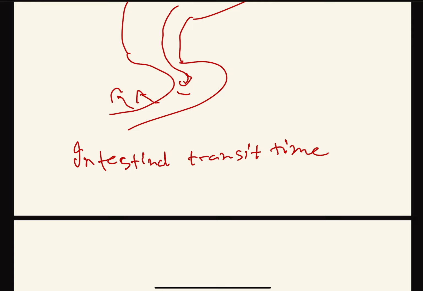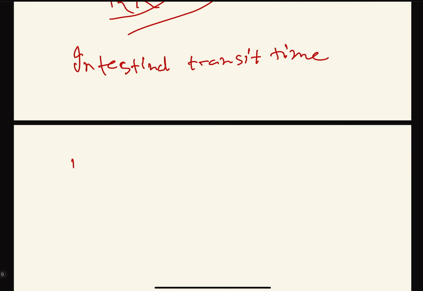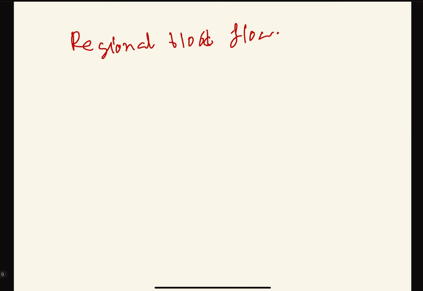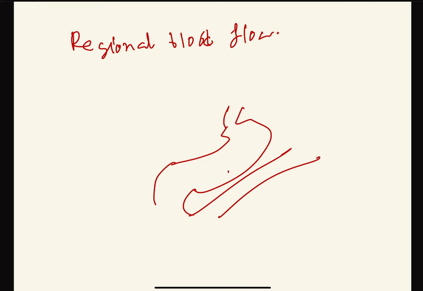Then there is regional blood flow. Let's assume we have taken the drug orally, and there is less regional blood flow in the GI tract.